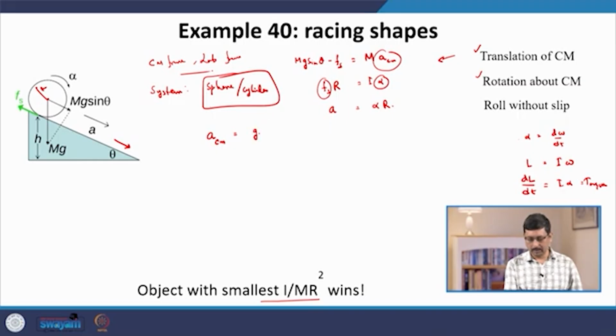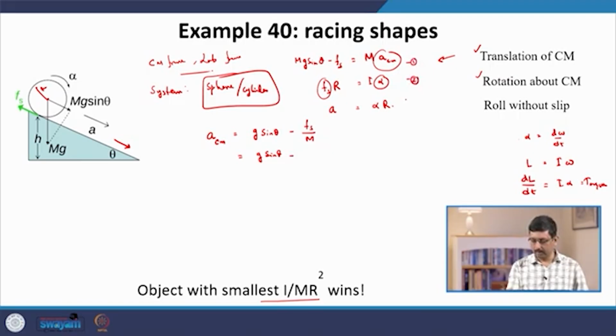This is given by g sin theta minus Fs by m. From equation 2 we can write Fs as I alpha divided by r, and from equation 3 we can write alpha as A by r.